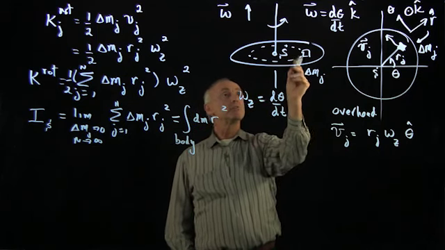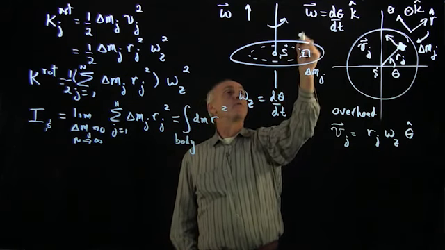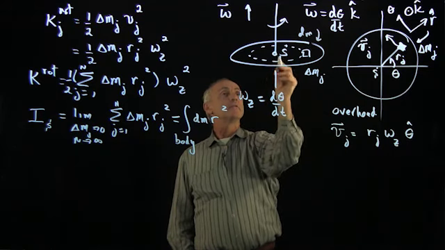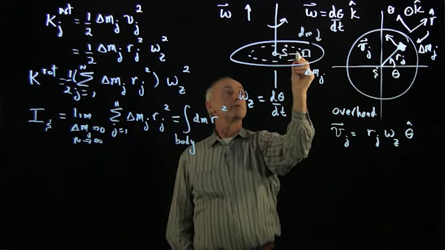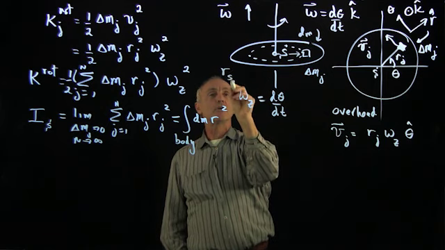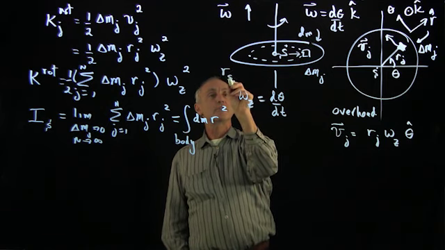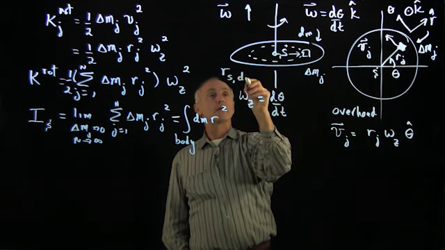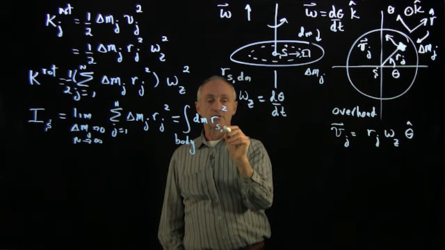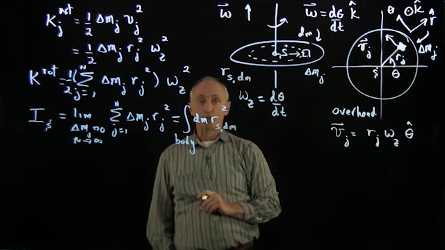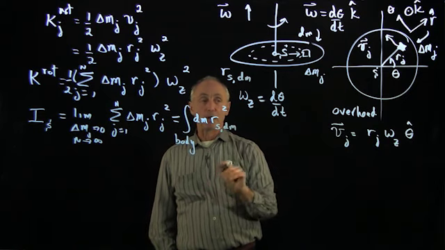Well, for our continuous body here, if we call this dm, and we define the distance from S to the body r, and now I'm going to just put a little notation in here. It's the distance from S, the axis we're calculating about, to where the body is dm, so I'll write S dm. And this is what we call the moment of inertia of a continuous body.